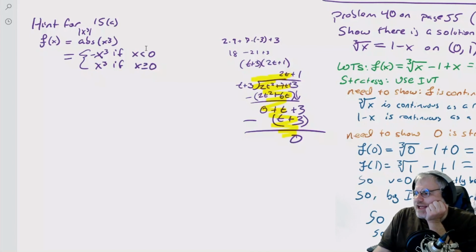But what you kind of have to do is just take a common denominator. So you throw the t up here, you throw the t squared plus 2t here, and then it's just unpleasant algebra. So you have to take a common denominator and then mess with it.